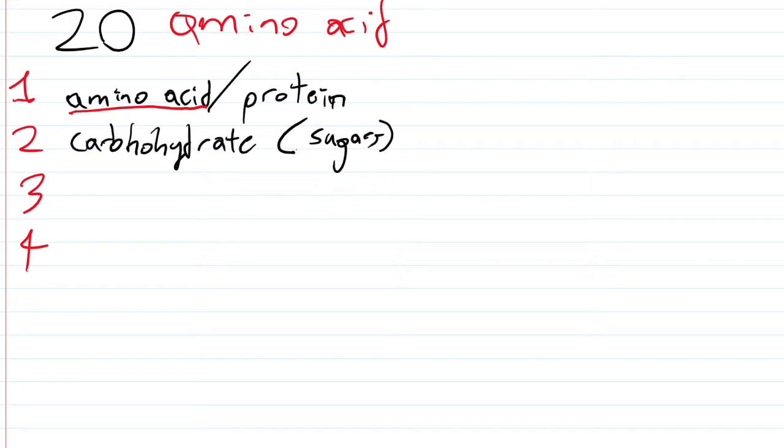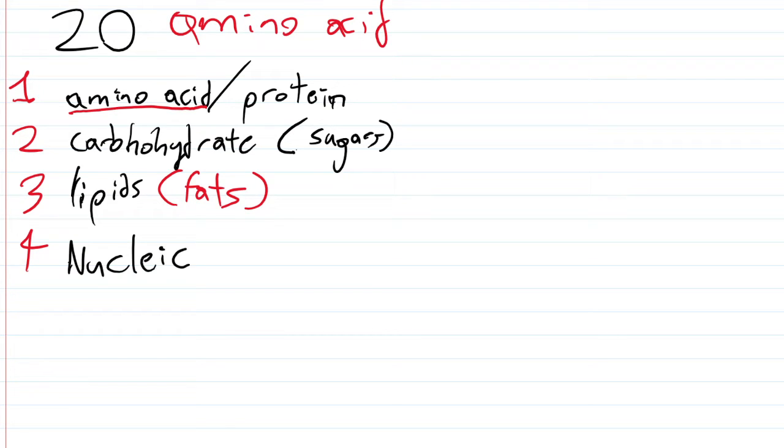Okay, and then the third one is what we call lipids. And lipids are basically what you would call fats, right? When you have your olive oil, you have a lot of fried chicken, you're getting a lot of lipids in your system, okay? And then the fourth one is what you would call nucleic acids. It's a very scientific sounding name, but don't be fooled.